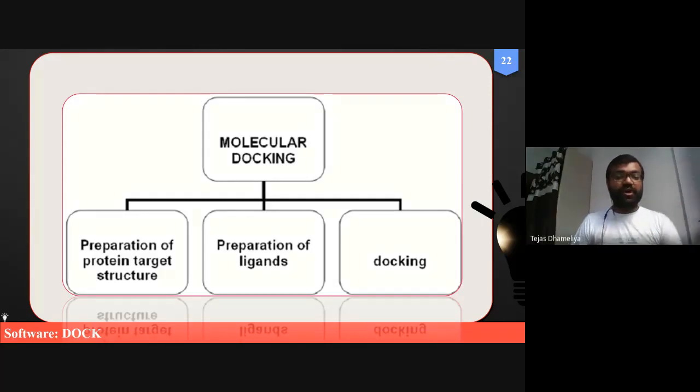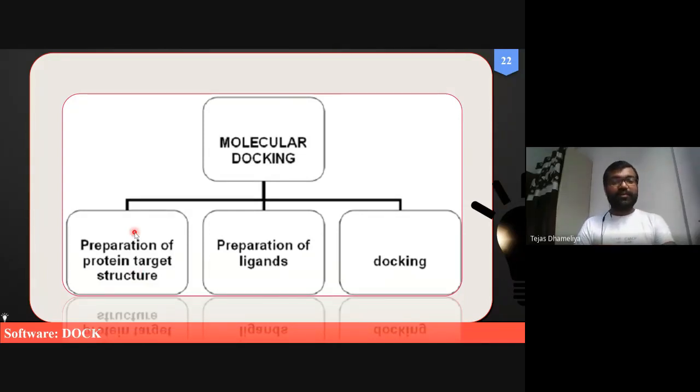One is the preparation of a protein, the protein target structure. So that is one of the methods in molecular docking. So this is step number 1, preparation of the protein.